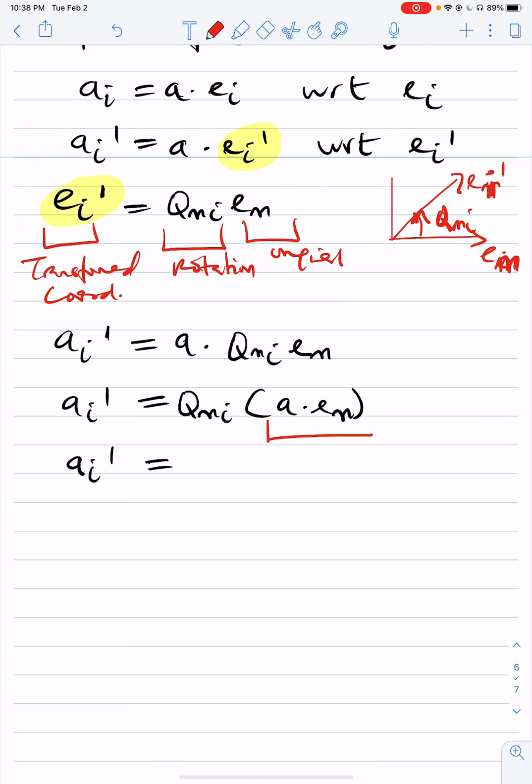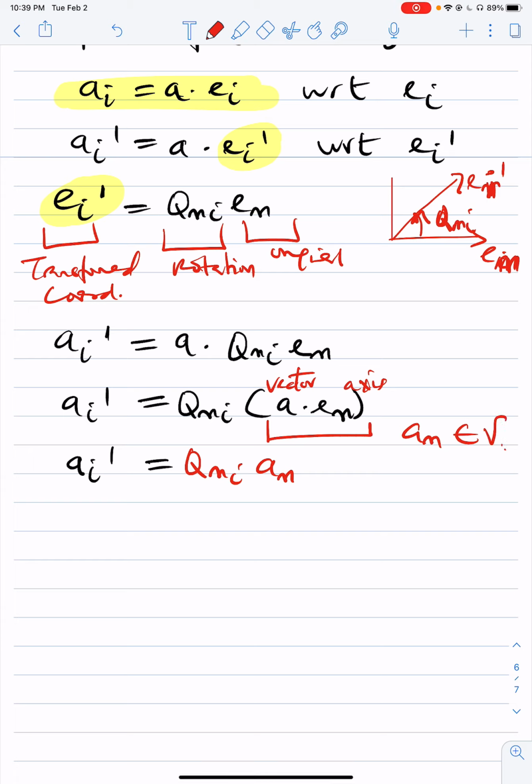If you look at this, we are simply multiplying a vector. This is a vector, and this is what you use to describe the axis itself, the different types, right? It gives you the components, so it will become QMI AM, where AM are the components of the vector.